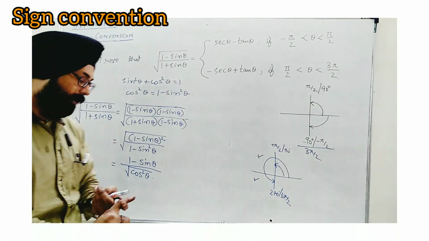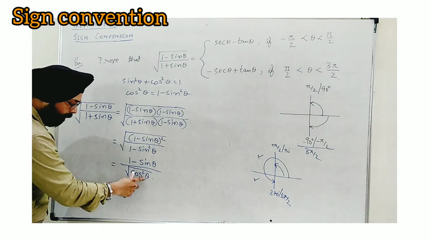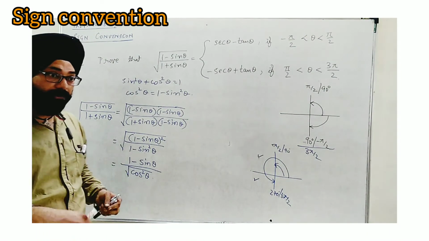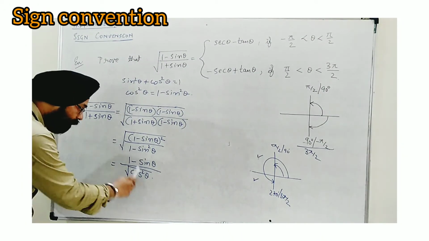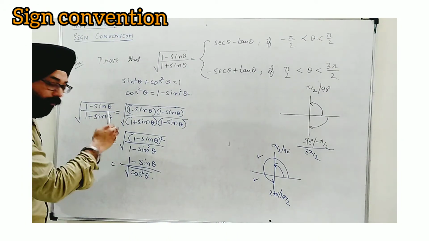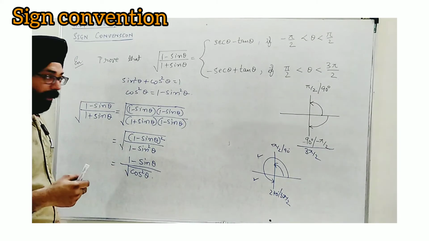But from this year, theta may be beyond 90 degrees, which means the function may be negative also. So how do we do this? This cos theta may be negative or positive, so how do we solve?